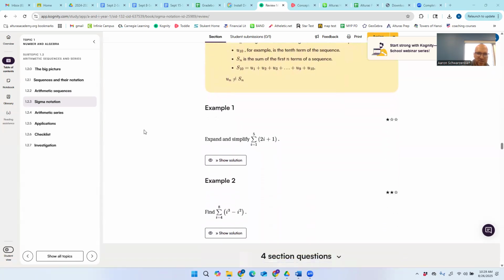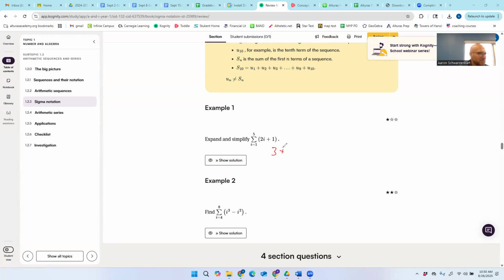So, simplify this. Well, that's the first 5 terms. There isn't much of a simpler way to do this other than to do all of them. So, I plug in 1. 2 times 1 plus 1 is 3.